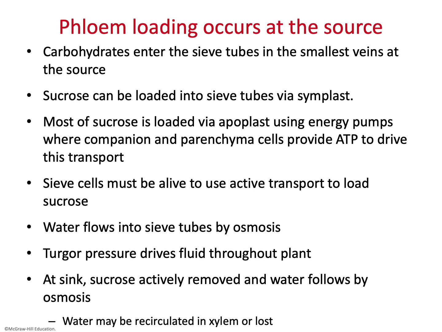When it goes to the sink where the bulk is unloaded, sucrose leaves the sieve tube elements and the turgor pressure goes down. At the sink they actively remove the sucrose and the water goes out by osmosis afterward.